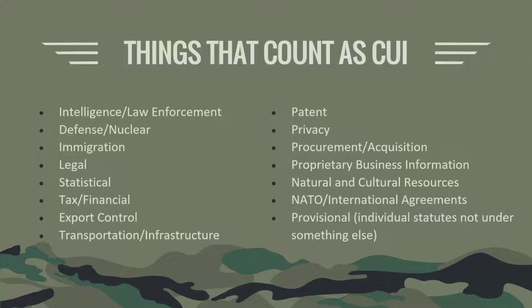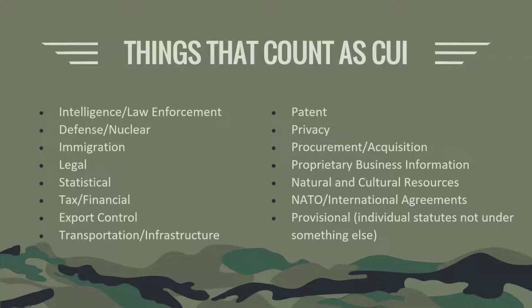I'm not going to read them out loud to you, but a few of the highlights: intelligence, law enforcement, defense, and nuclear tend to make sense to people, so do tax and financial. NATO, international agreements, that tends to make sense to people, but some of the things you don't think about are things like statistical information, tax or financial information, patent information, acquisition information, procurement information, and of course there's the catch-all provisional, which could be anything else that needs to be secured at any given time.